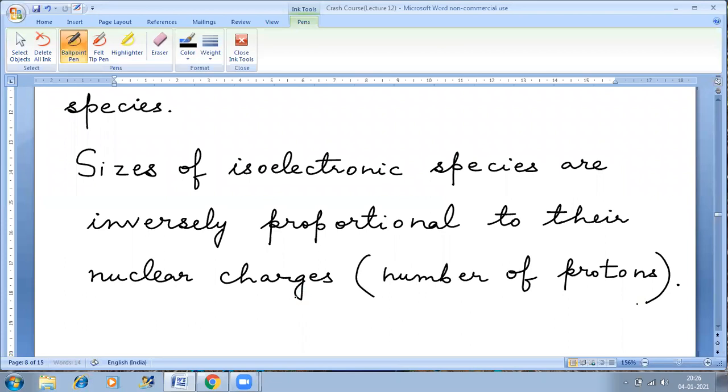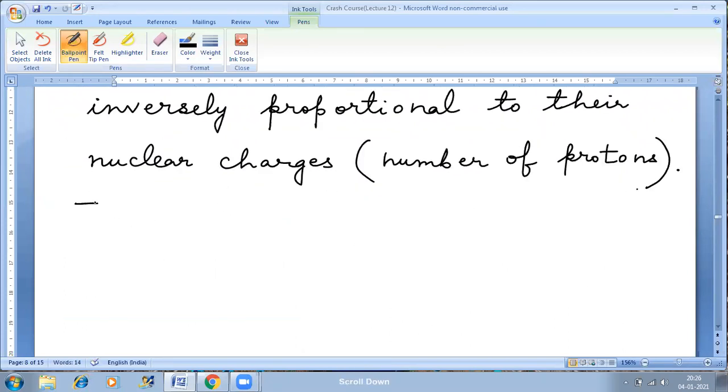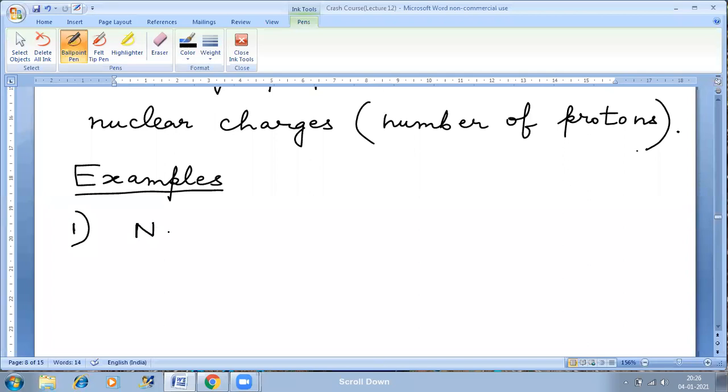Okay, example. First, let's say I have these: sodium plus, magnesium 2 plus, aluminum 3 plus.